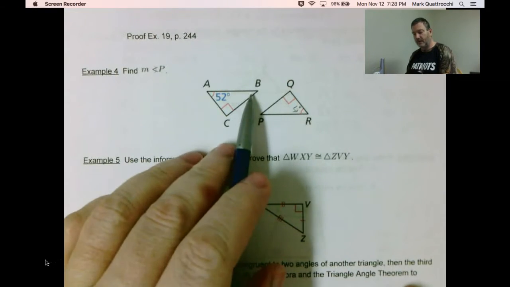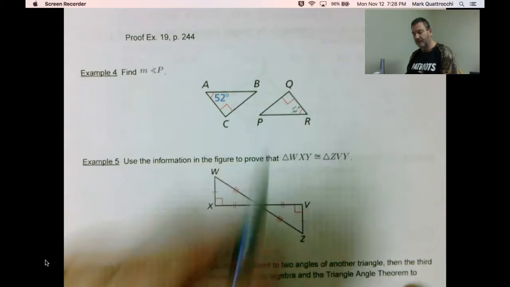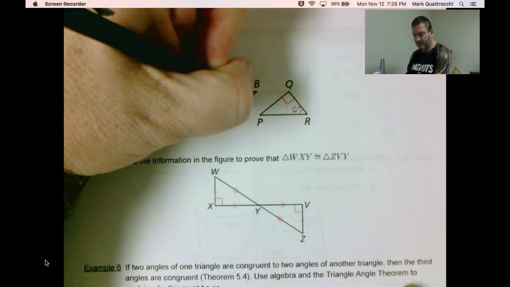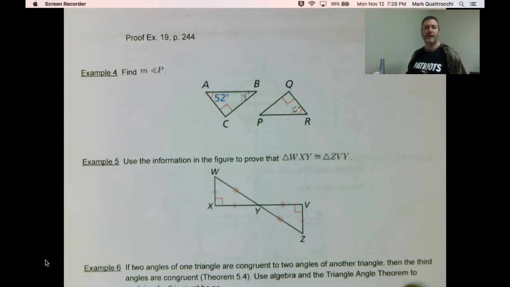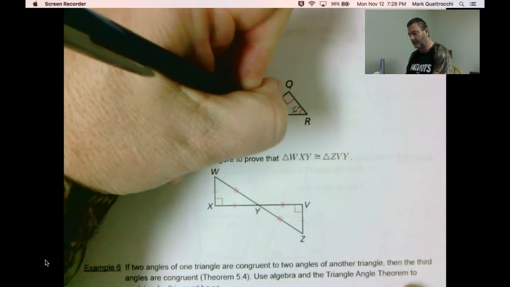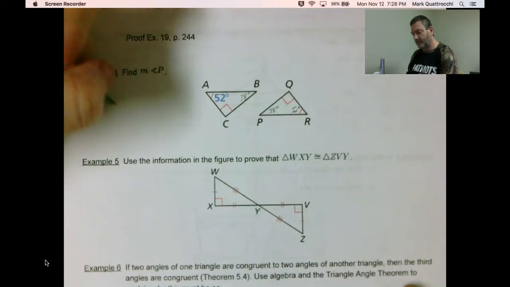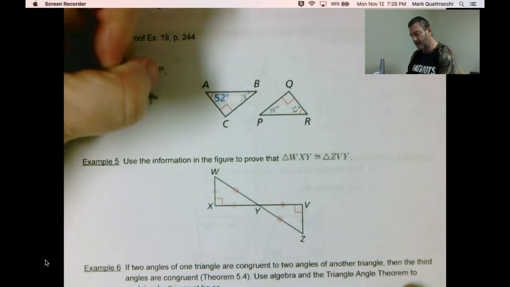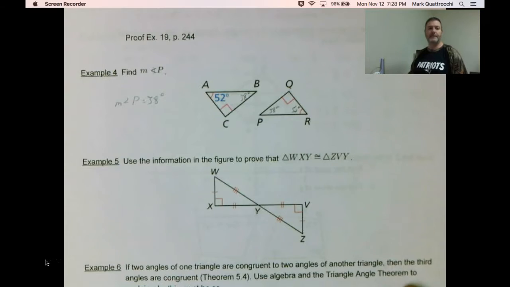Angle B and angle P must be congruent to each other. Angle B is 38 degrees. 180 minus 90 minus 52 is 38, making angle P 38 degrees. The measure of angle P equals 38 degrees.